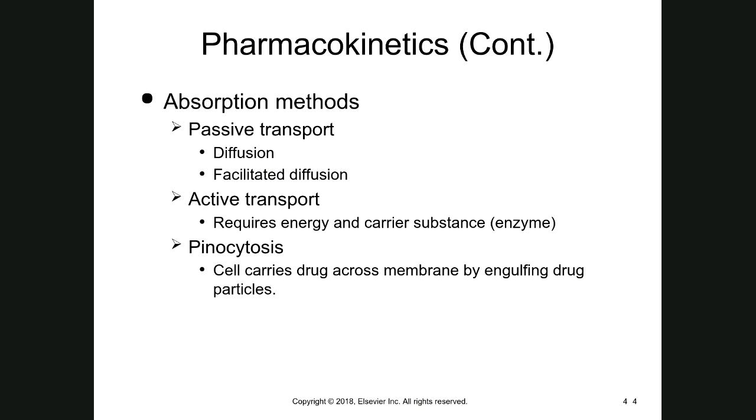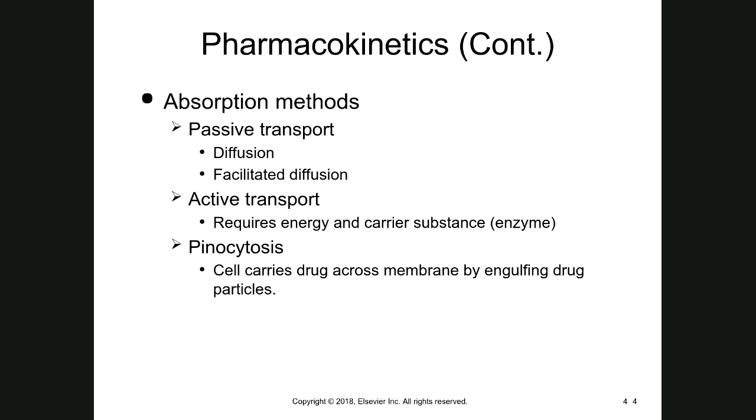As you can see, in passive transport and diffusion, drugs move across the cell membrane from the higher concentration to the lower concentration. Facilitated diffusion relies on a carrier protein that moves the drug from an area of higher concentration to an area of lower concentration.